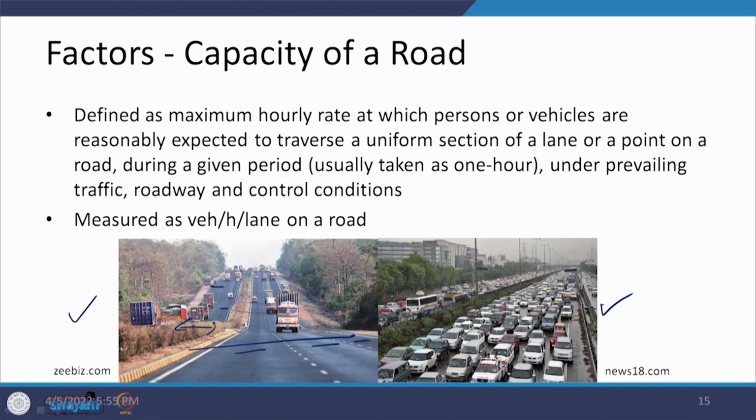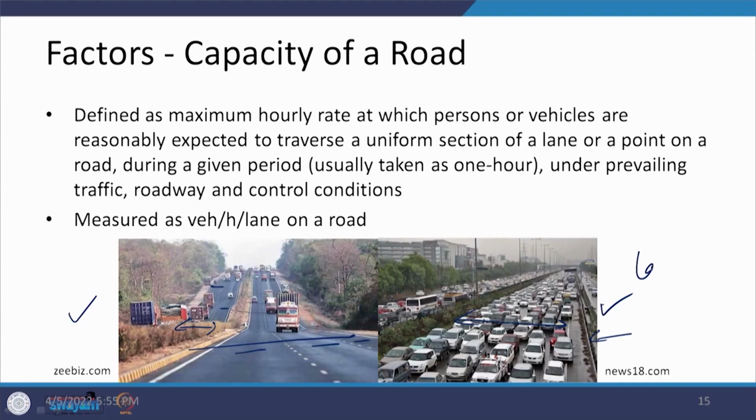But when you look at the other side, it is a photograph from an urban area, where what you find is many lines of vehicles, 1, 2, 3, 4, 5, 6, 6 or 7 lines have been created against the number of lanes, which may be something like 3 or 4 only. So, it means the number of vehicles which are going to use this particular facility are quite more as compared to the number of lanes which have been provided, and because the number of lanes is lesser than the number of vehicles which are coming, it is overflowing.